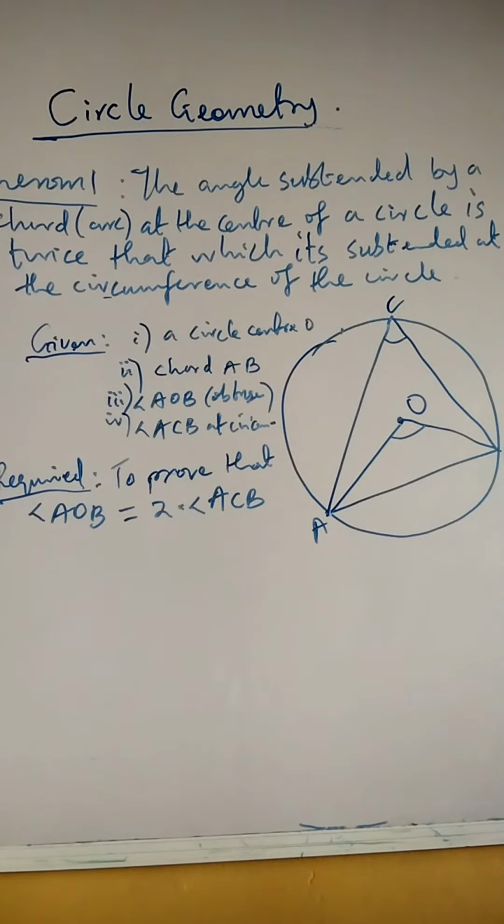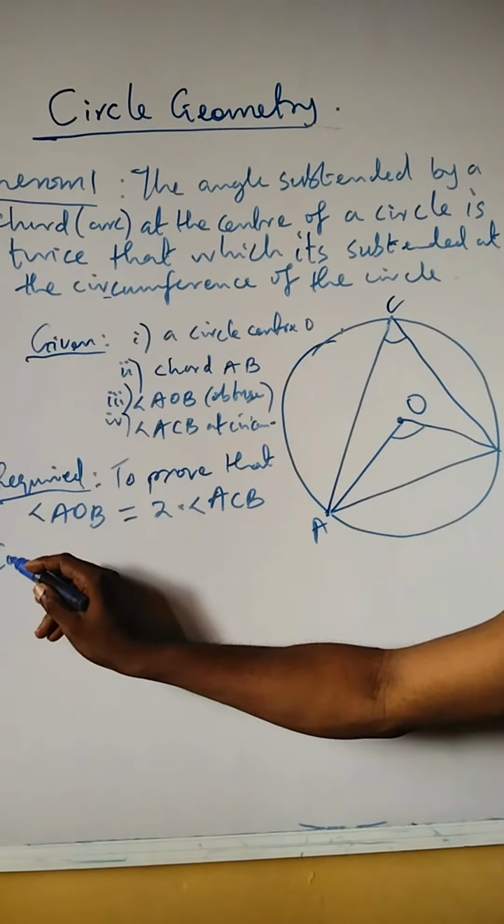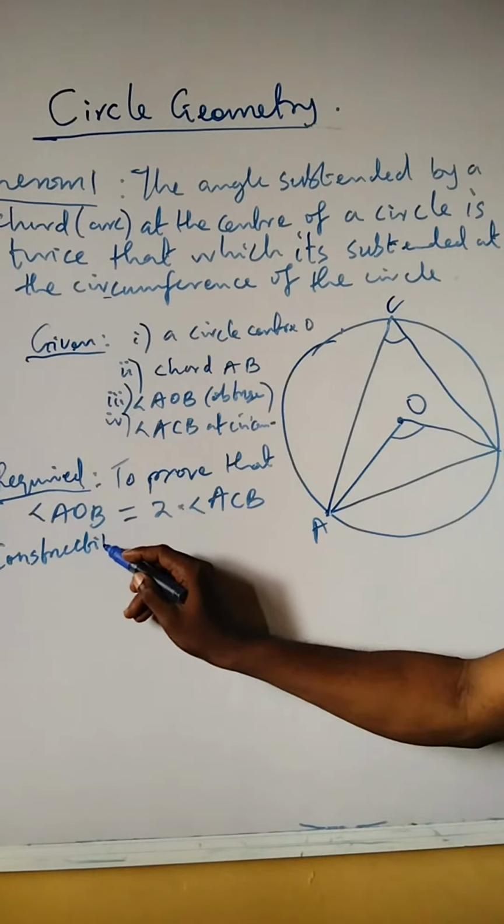So that's all we are proving. Just pay attention and see how this is proved. It's actually simple and direct. Now, after required, there is something called construction. So we do construction here.